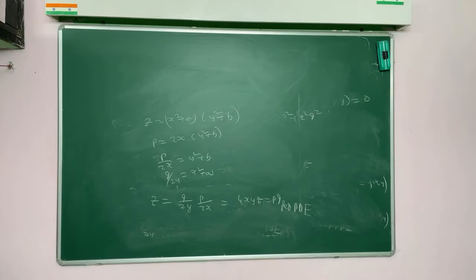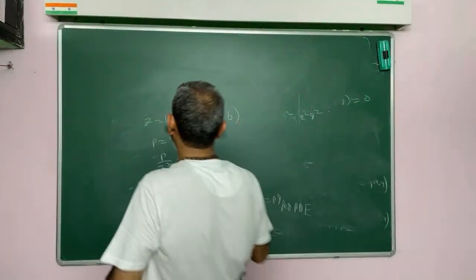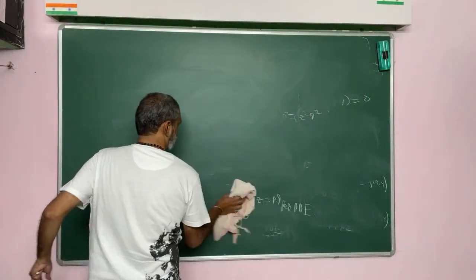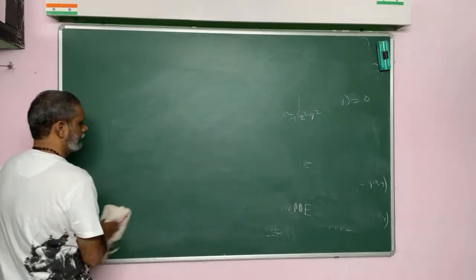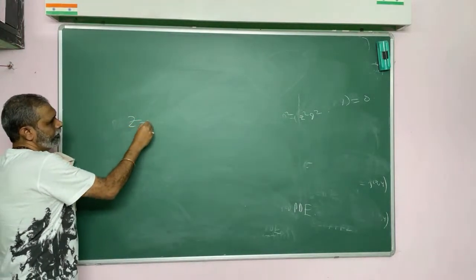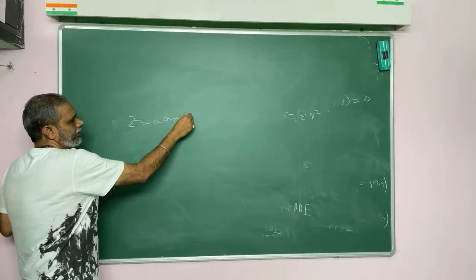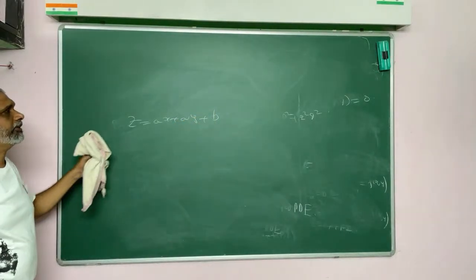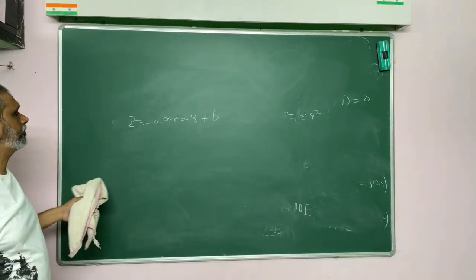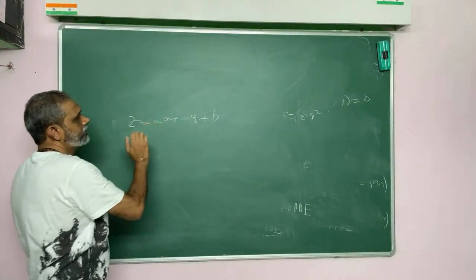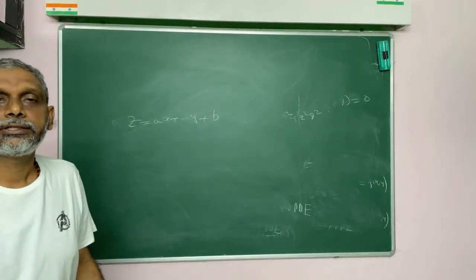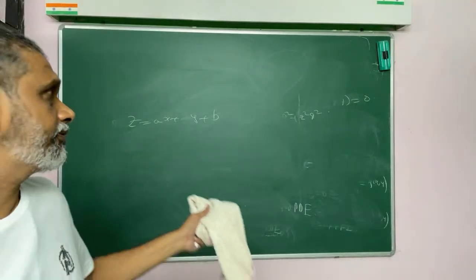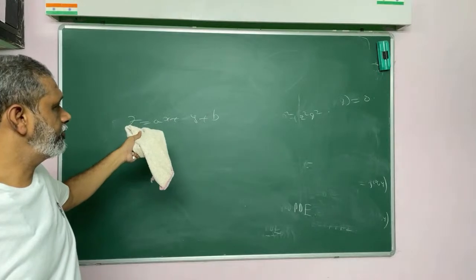So here no problem. We can remove both constants. Sometimes I am not able to remove. What is the situation? Suppose you see z is equal to ax plus ay plus b. See, if you differentiate with respect to x, you will get p is equal to something, a will get.